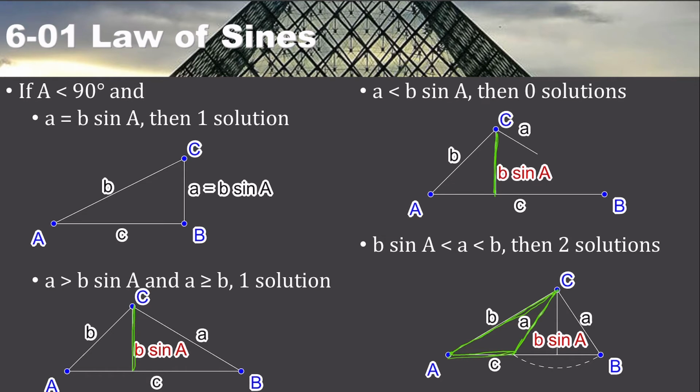In both cases, either the outside or this yellow one, angle A is the same angle, side b is the same length, and side a is the same length. So it's like side a pivots on point C and can go either way along the bottom to make 2 different triangles.